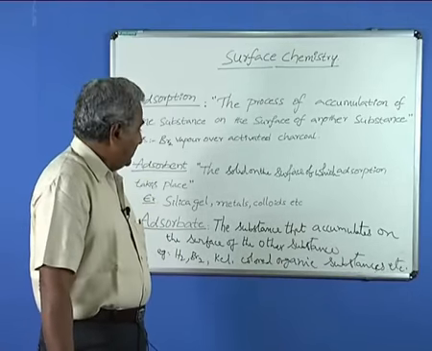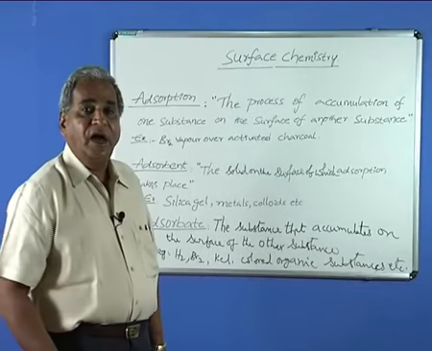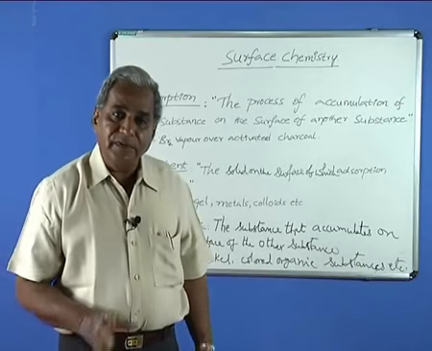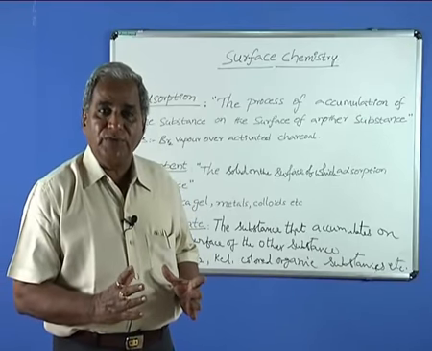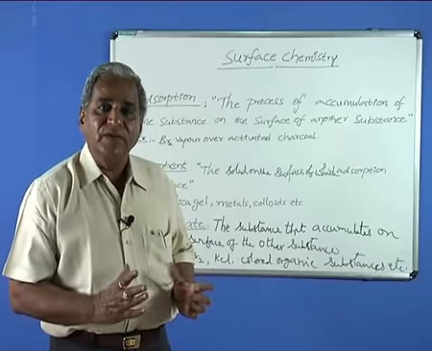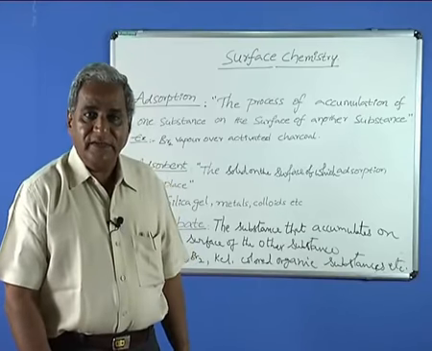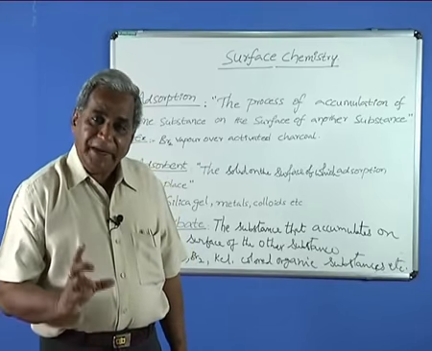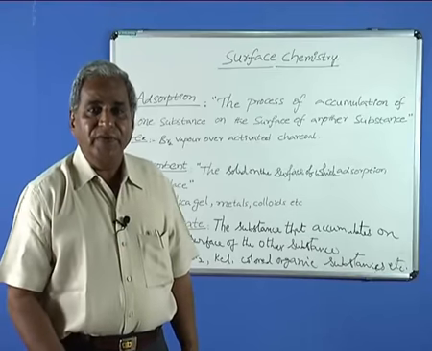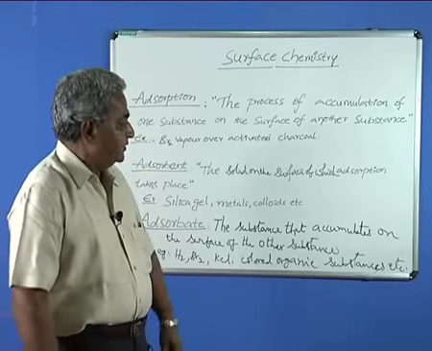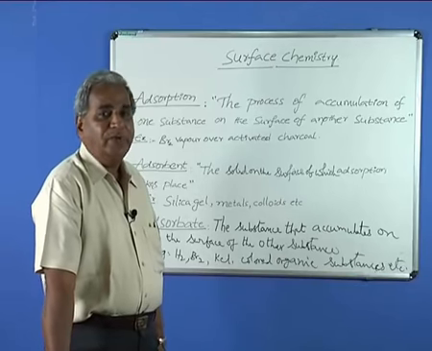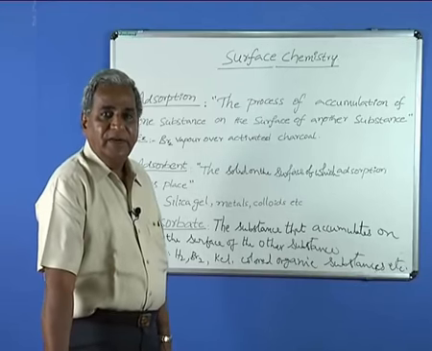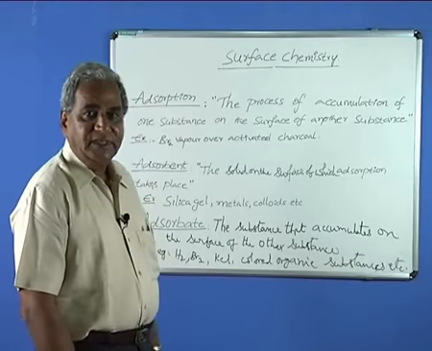Here, one thing we have to see: adsorbent and adsorbate, how they allow their particles or molecules to settle one with the other. That means how many types of adsorption we have. Adsorption can be of two types. One, physical adsorption.